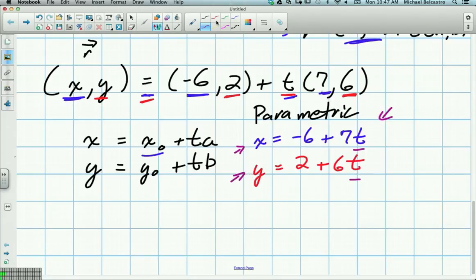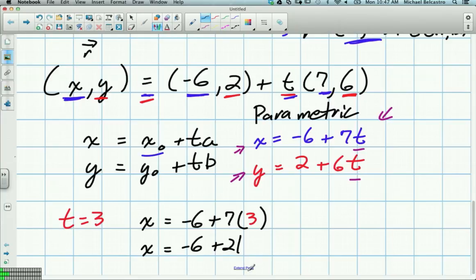So let's say we want the parameter t equal to 3. We plug it into our parametric form to find our x value. So x is equal to -6 plus 7 multiplied by our parameter 3, which means we're left with x is equal to -6 plus 21.